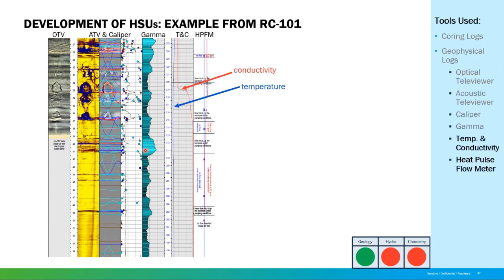So we're going to add in some more tools to try and work on our hydrogeology and our biogeochemistry. Temperature and conductivity is a continuous probe run up and down this open borehole. Not a lot of interesting temperature readings within this specific location, but there is a conductivity peak there, or kick, in red. So maybe something's going on there in terms of flow.